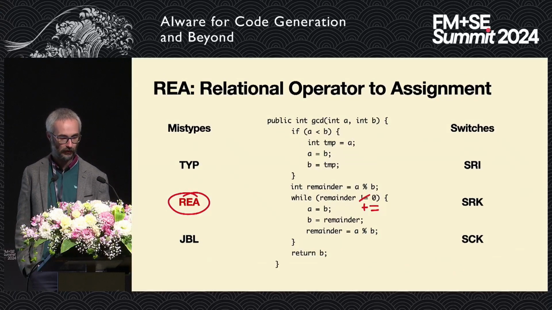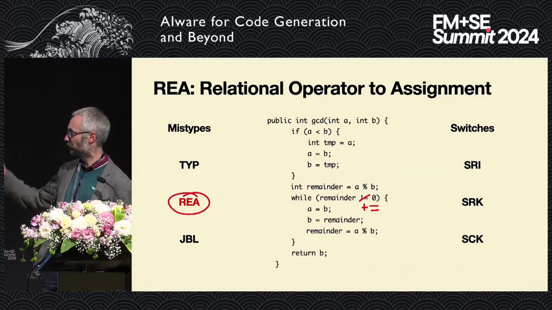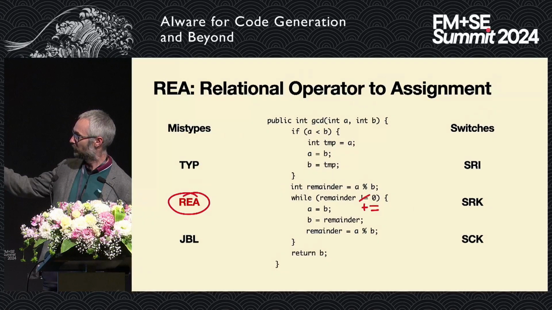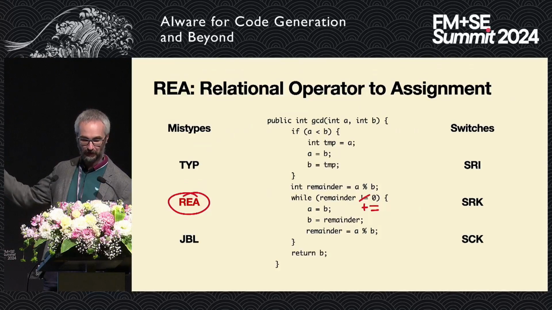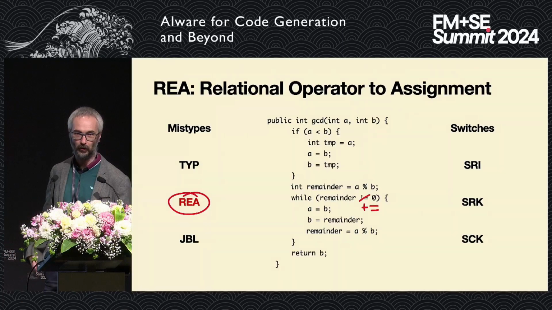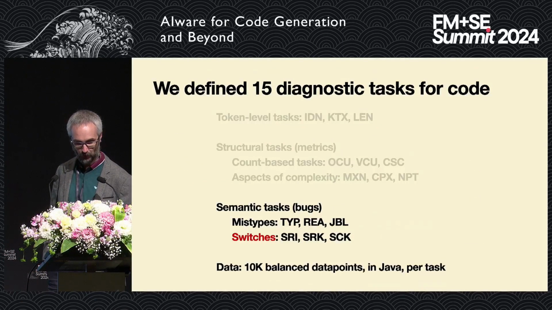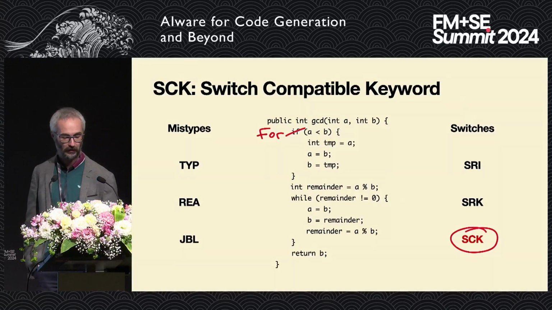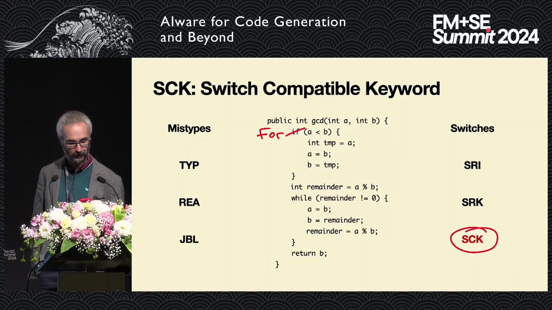For instance, one of the tasks was whether the model is able to recognize that we swapped a comparison operator with an assignment operator in a piece of code. And you also had other tasks of the type where we would switch either identifiers or keywords with other identifiers or keywords.